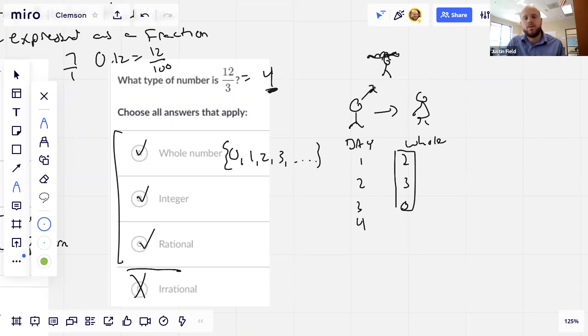Okay, can I have a rabbit? All right, so that's -1 rabbit for you, caveman Larry. And so that's integers. Integers go backwards into the negatives and forwards.